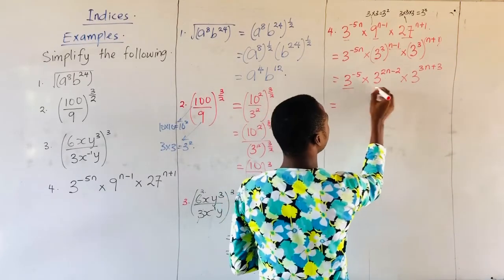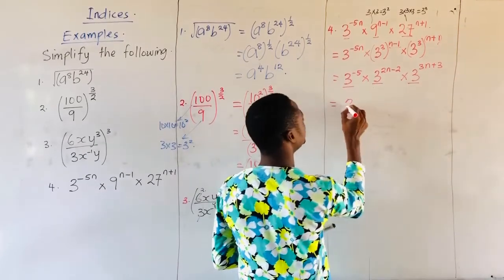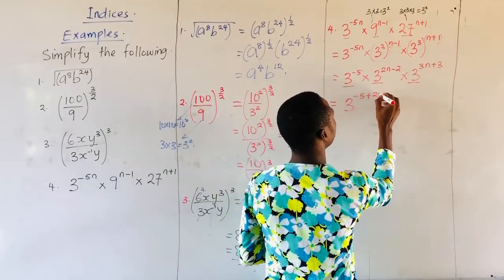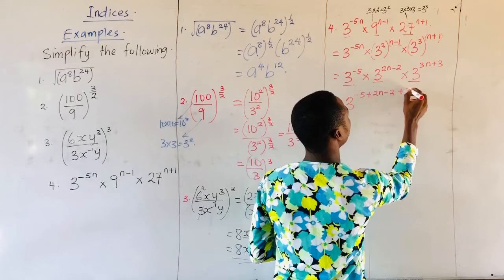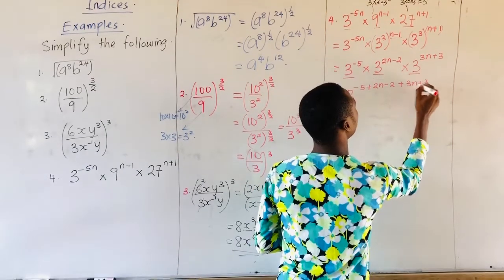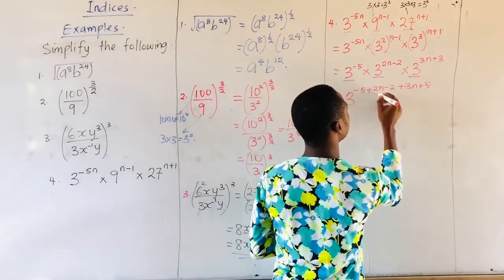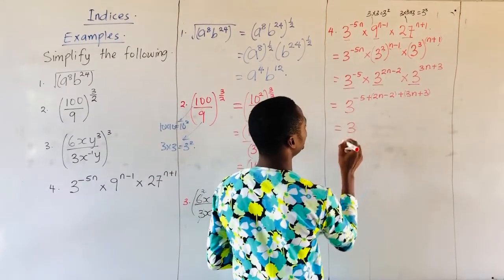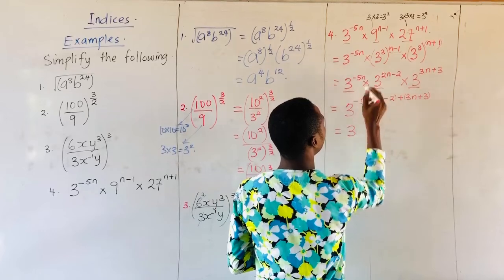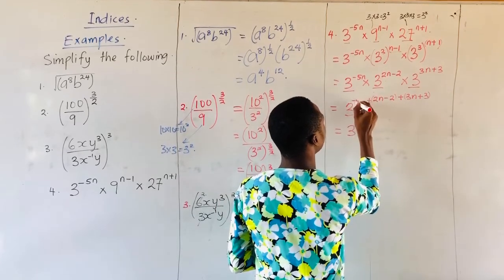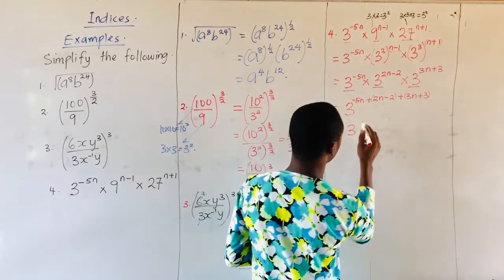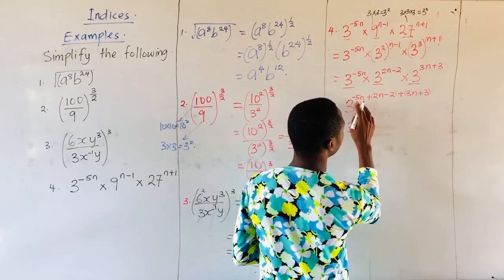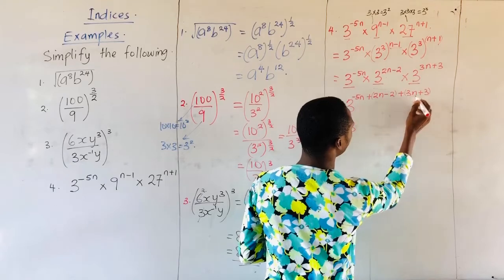So since the bases are now the same, we can maintain the base and add the exponents. This is one exponent and another exponent. So we will finally have negative 5n plus 2n will give us negative 3n plus another 3n.